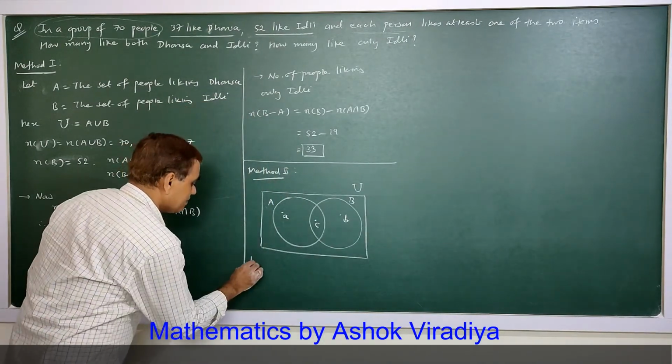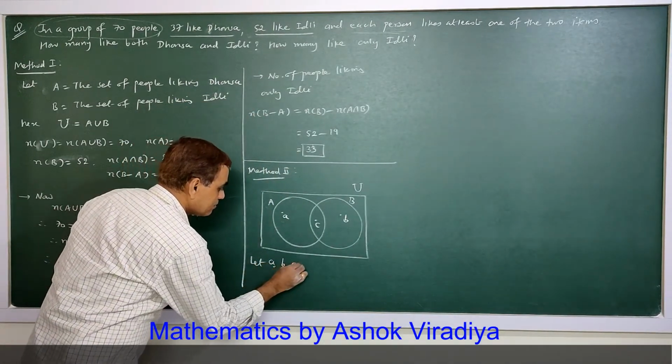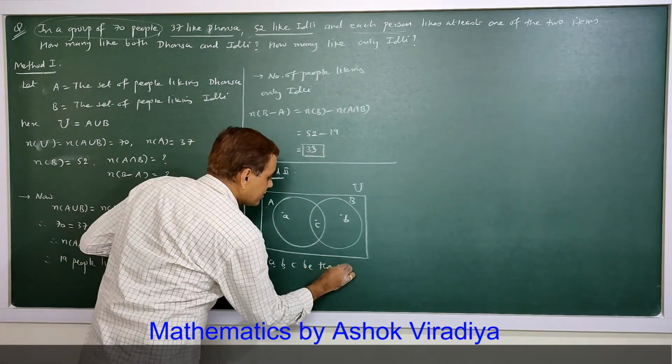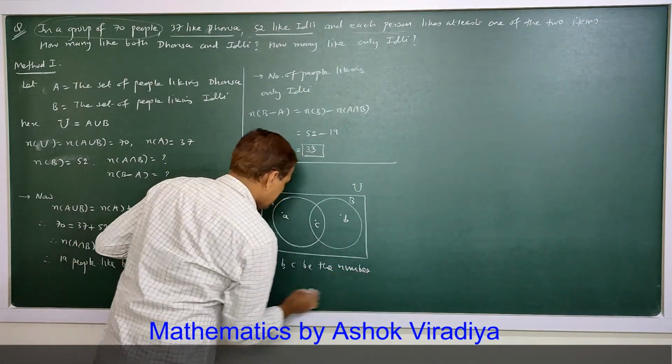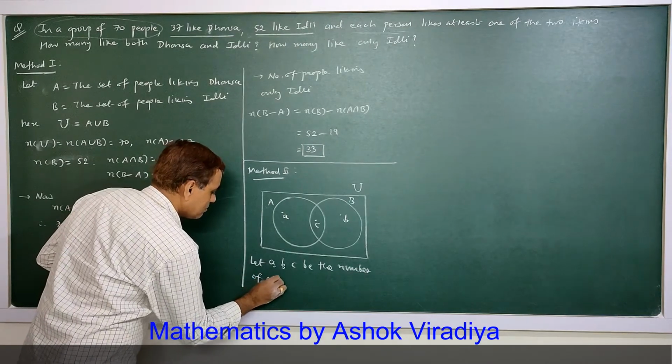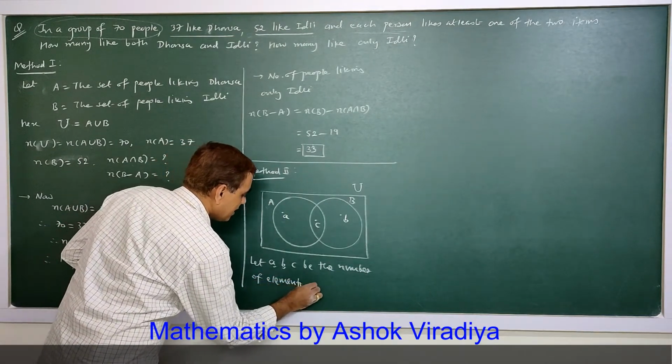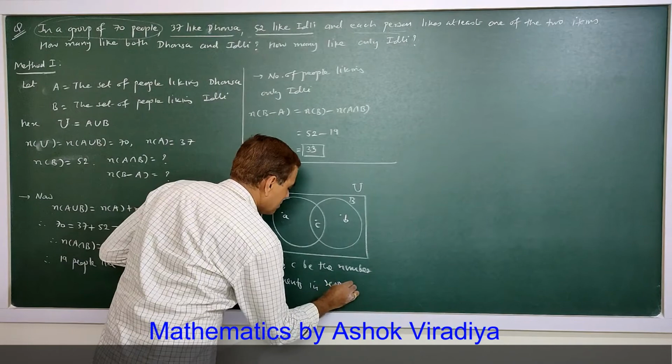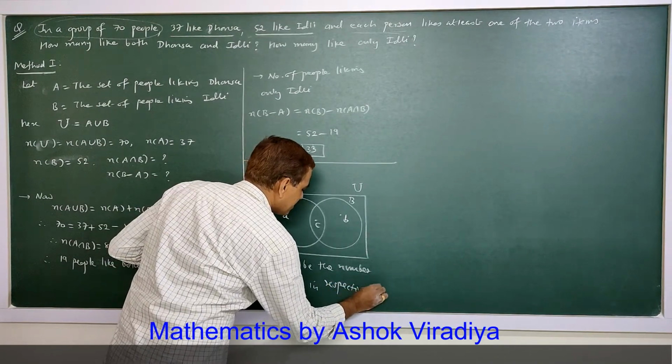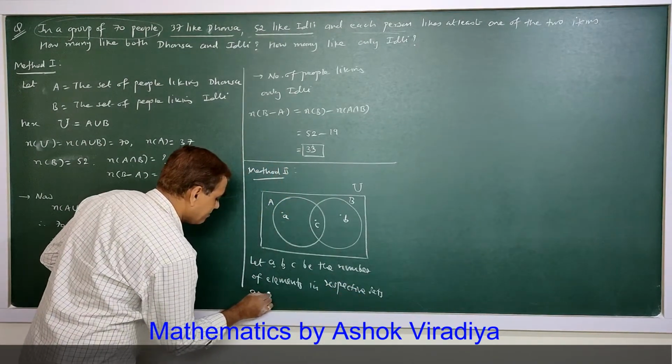So let A, B, C be the number of elements in the respective regions as shown in the diagram.